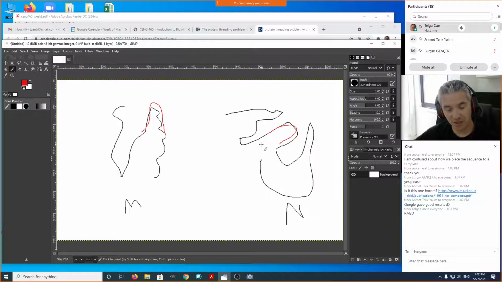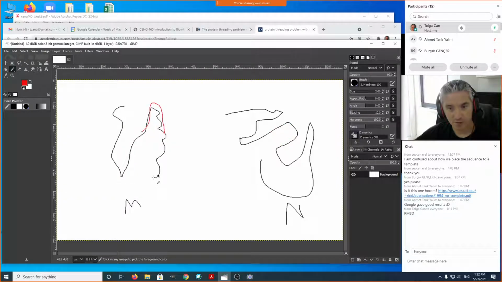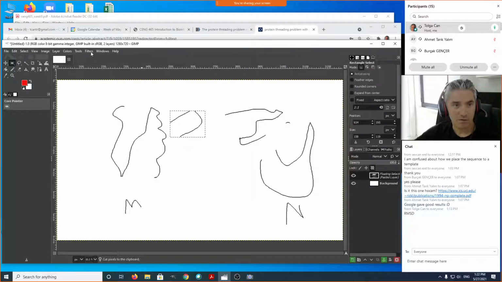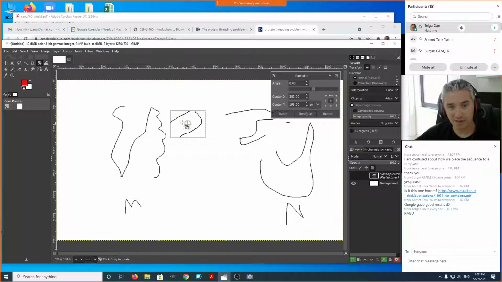And after you find these shapes, for example, if you were to move this black region, let me actually try to do that. Let me select this part and try to move it here. It's not transparent. And also, if you rotate it, for example, with transform tools, let's try to rotate it.